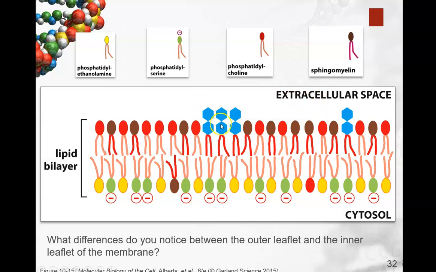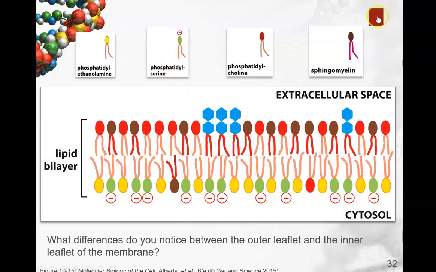These hexagons here are meant to represent sugars. So the phospholipids that have sugars as part of their polar head groups, again, you see sugars on the outside, not on the inside. And the phosphatidylethanolamine and phosphatidylserine are found largely on the inside. The other thing to note is that of these phospholipids, phosphatidylserine is the only one with a negative charge.